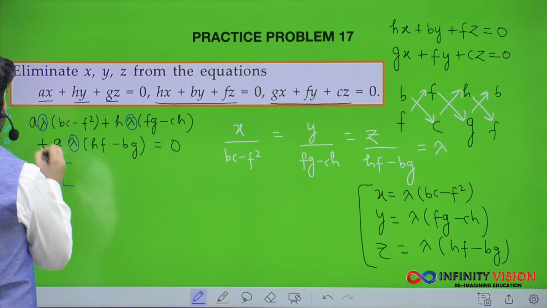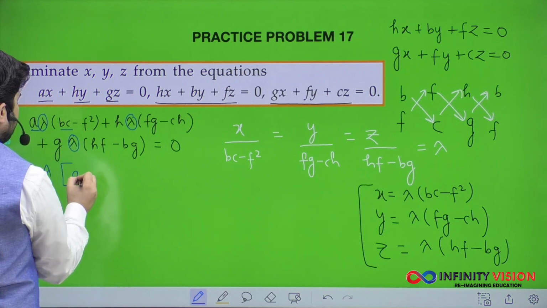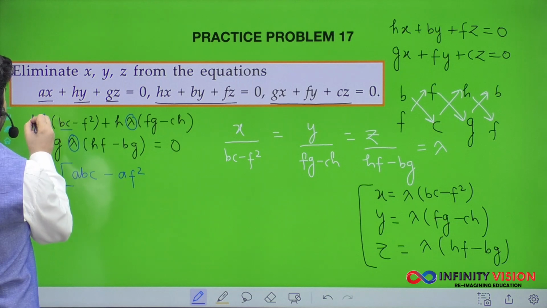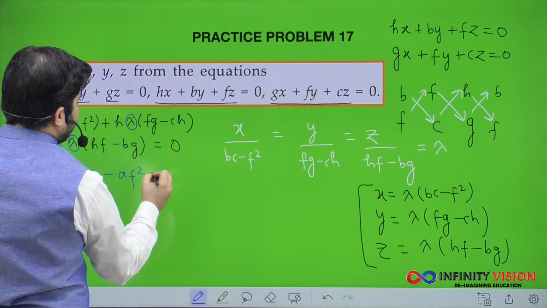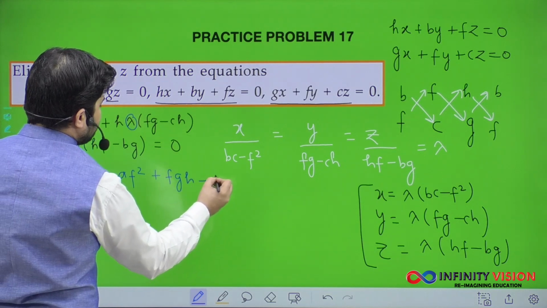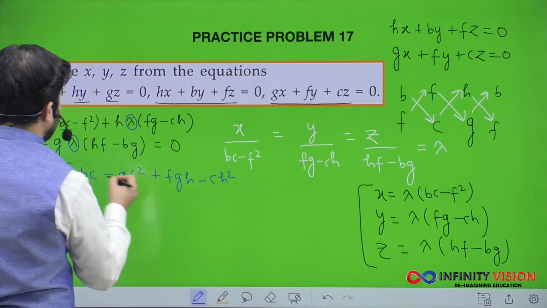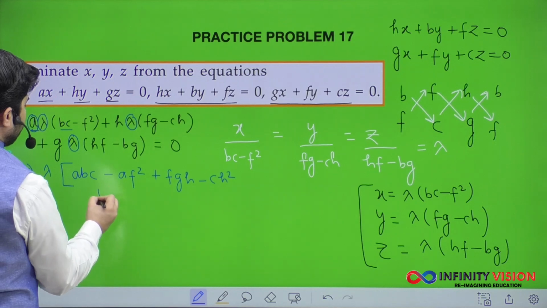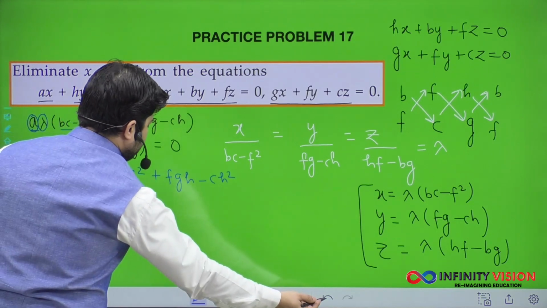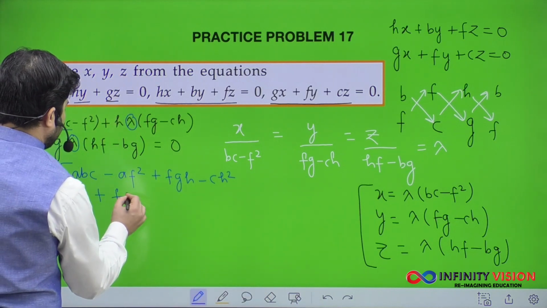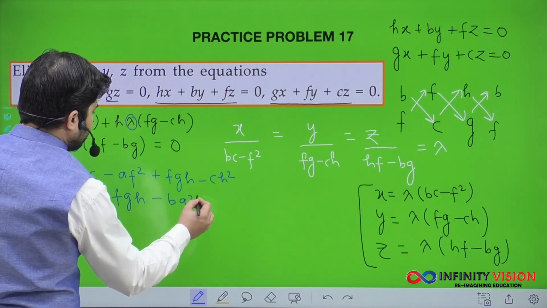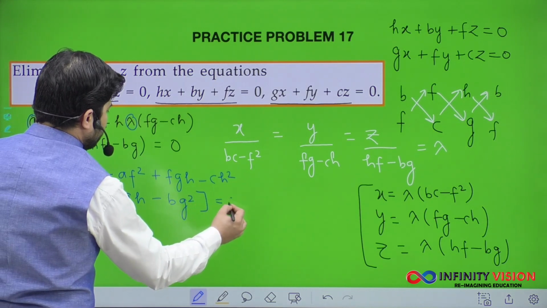And inside I'll get a into bc, that is abc minus af square, the first term. Then hfg or fgh minus ch square. And for the third, we will get fgh minus bg square equals to 0.